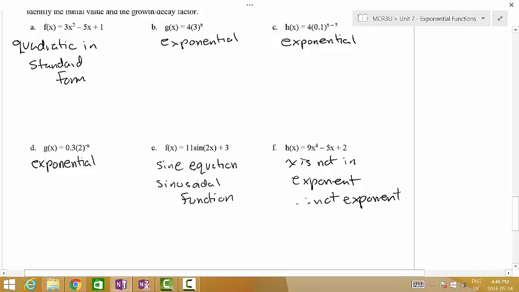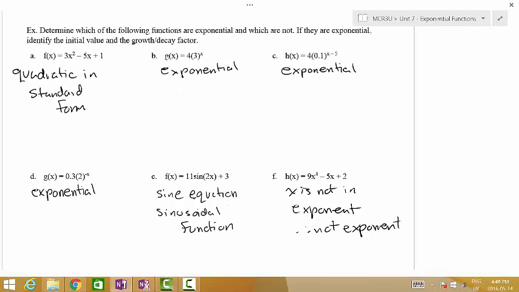So we've identified which ones were exponential, which was B, C, and D. What we need to do now is identify which of these are exponential growth and which of them are exponential decay. So in order to see the exponential growth, what we need to do is look at the b, or the base, of our functions.